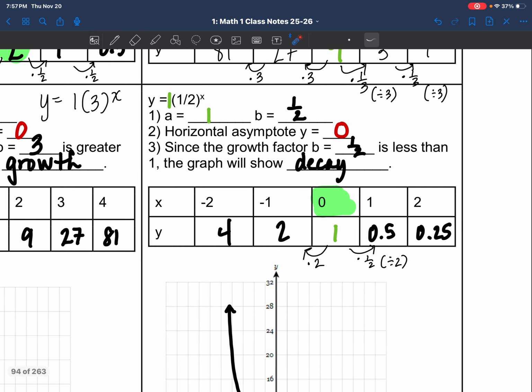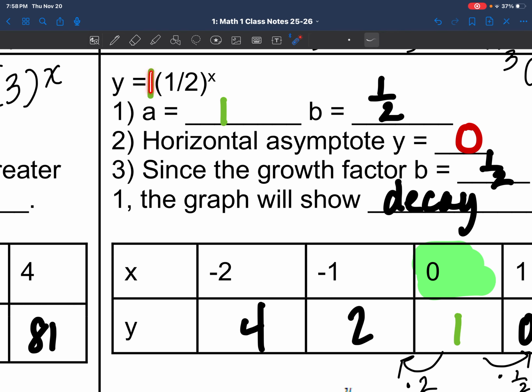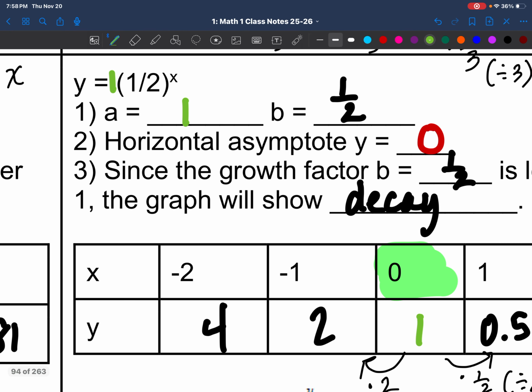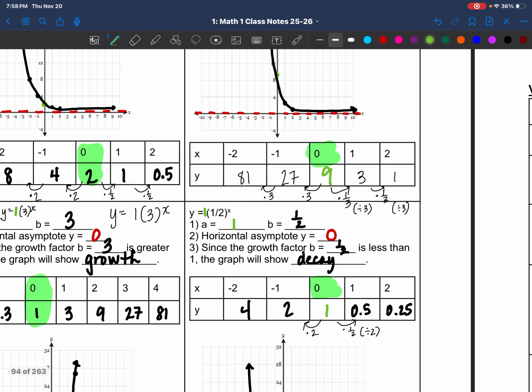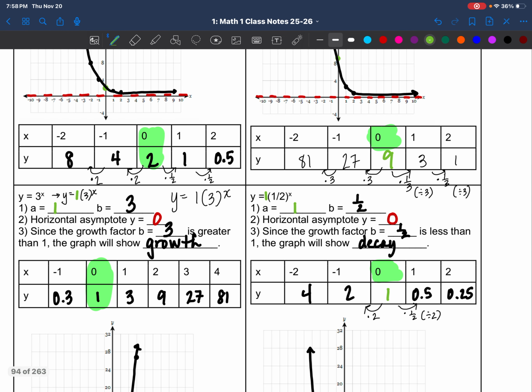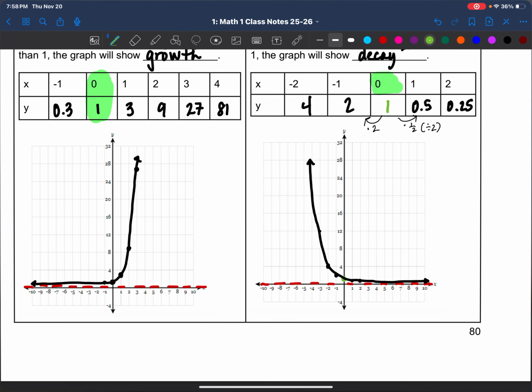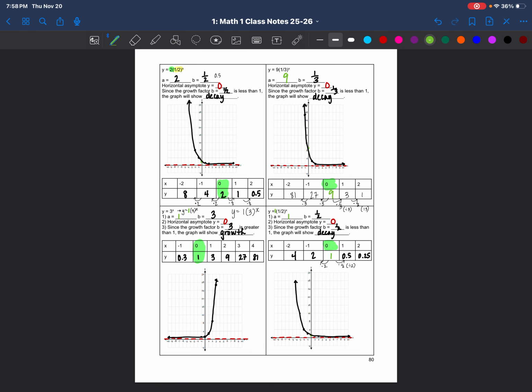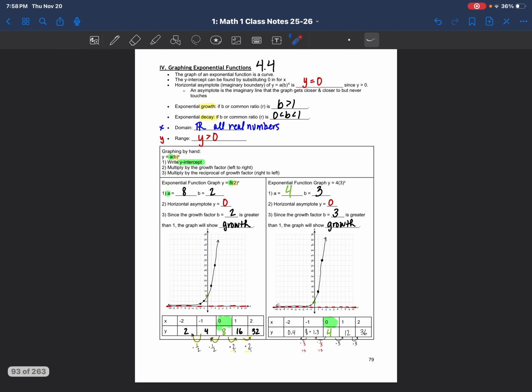And then go ahead, see they tried to trick you again. If there's no 1 written, put a 1 in there, and that is your y-intercept. All right, so go ahead, complete the rest of the information. And then that's what your graph should look like. And that is exponential functions graphing.